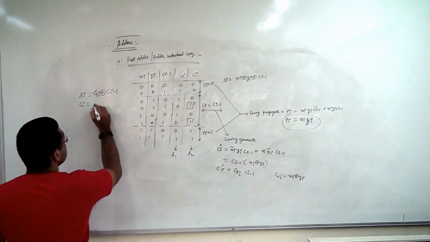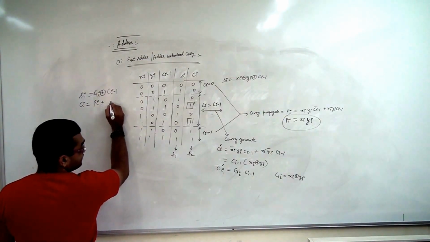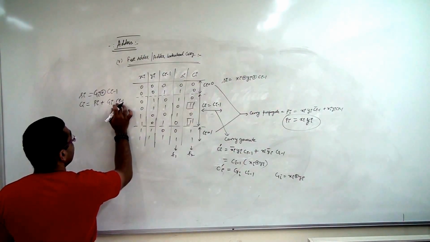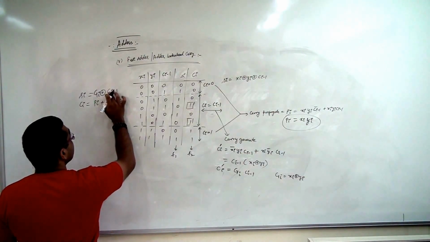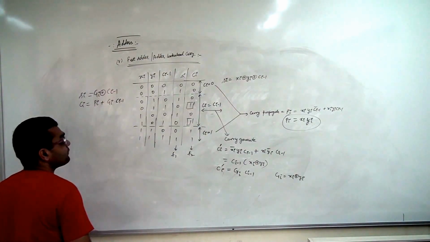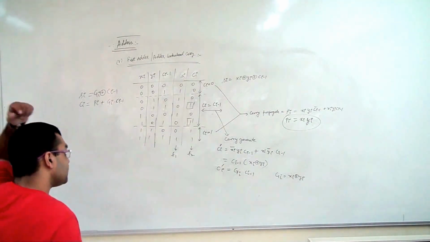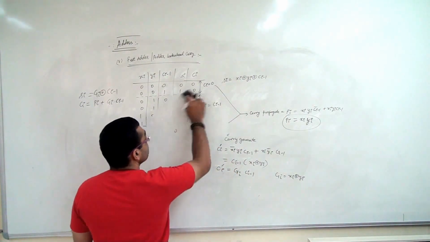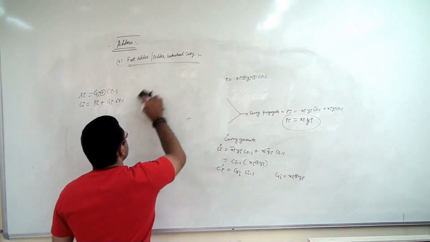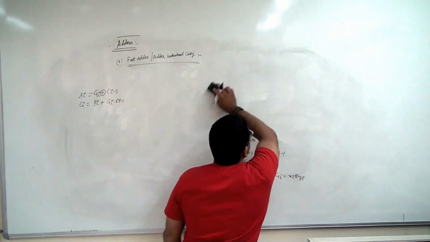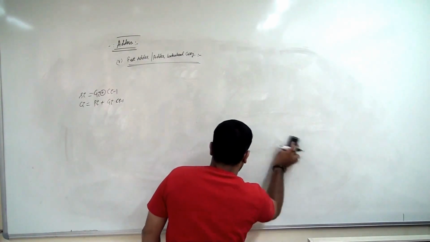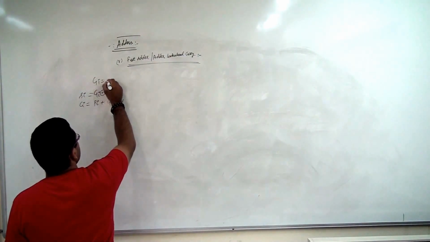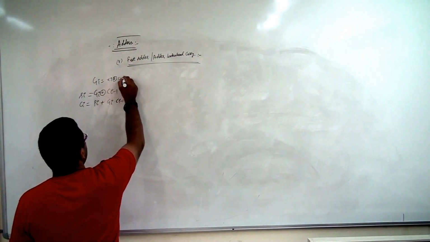Okay, so that is pi plus gi ci minus 1. Alright, this is what I get. Now if I expand these, okay, so I have now rubbed this off. So this is all we actually require, and I mentioned the gi also. Gi is actually xi XOR yi.